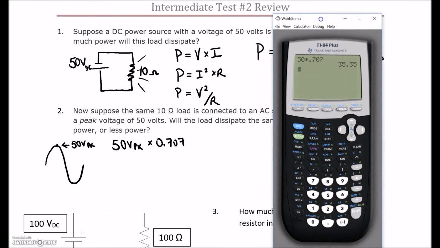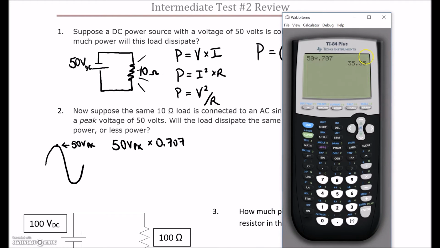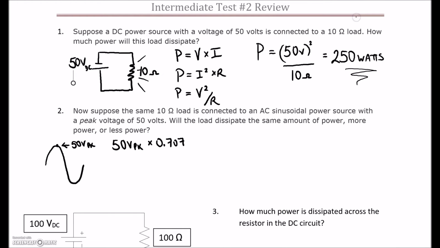Now that voltage of 35.35 is the voltage that's actually going to do work. Okay, so we got 35.35 volts RMS, and that is the voltage that we can use with any of these equations here.